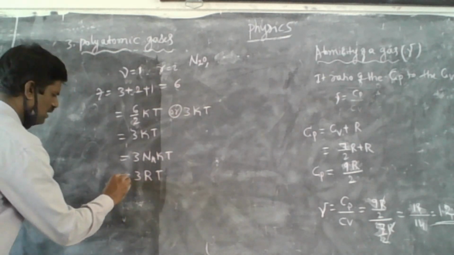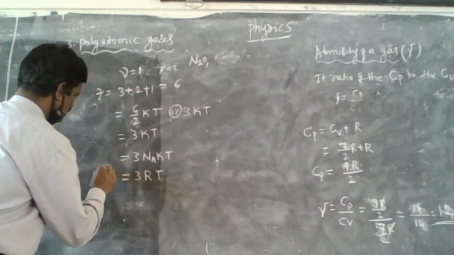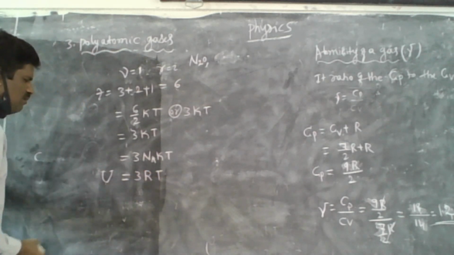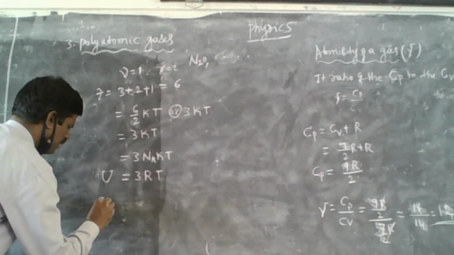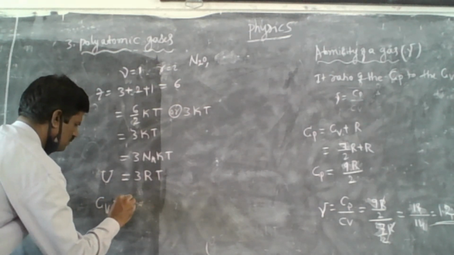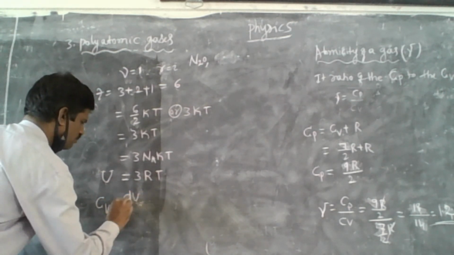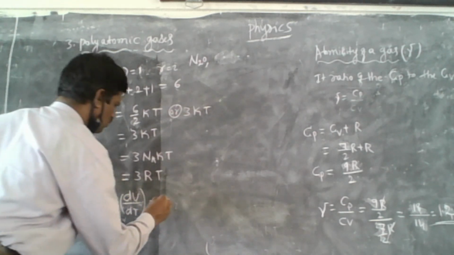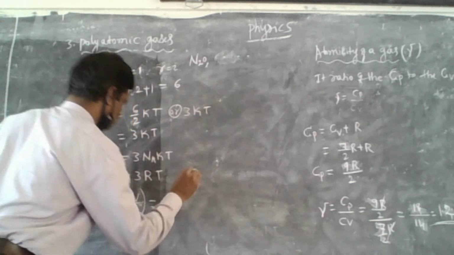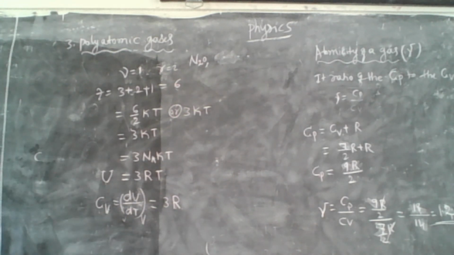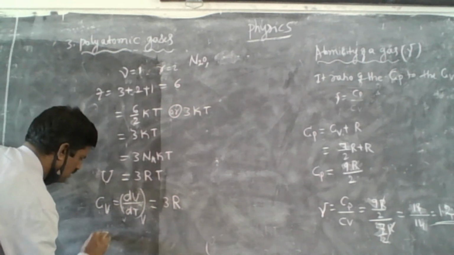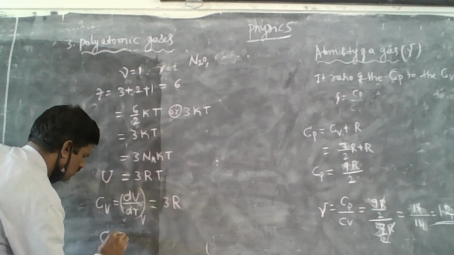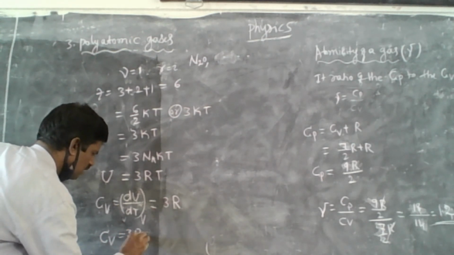This is known as the internal energy of the molecule. Therefore Cv is equal to dU by dT at constant volume equals 3R.